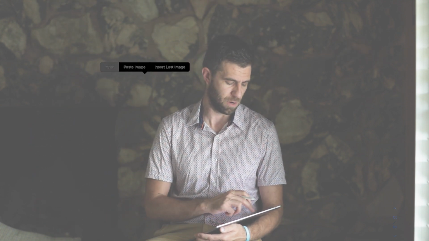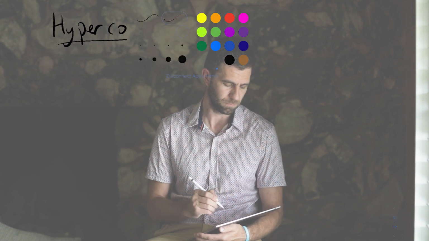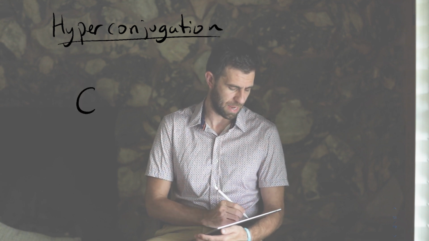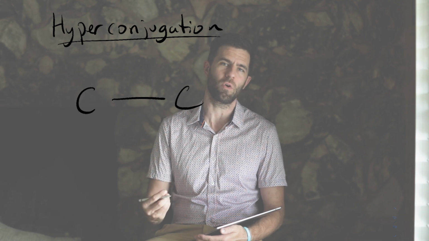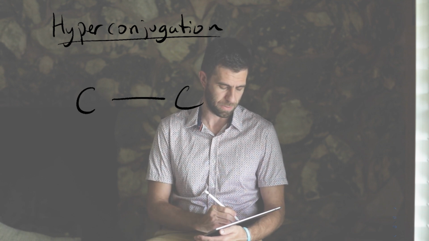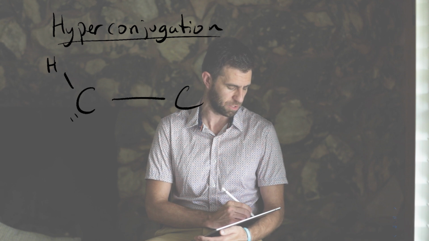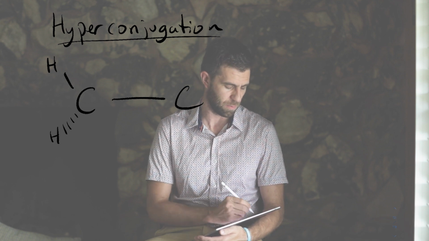All right? So hyperconjugation has to do with this. If we look at an ethane and we review what bonding orbitals are, we'll remember, if I draw this ethane out here, let's just draw a sort of a perspective formula here.